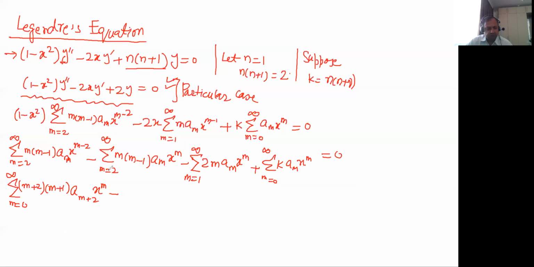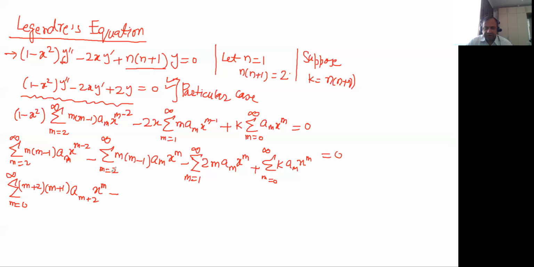So if I want to change its index to 0, then what I have to do is, because in this case I don't need to change this x power m term, I can take the first term as m equals 0 over here.